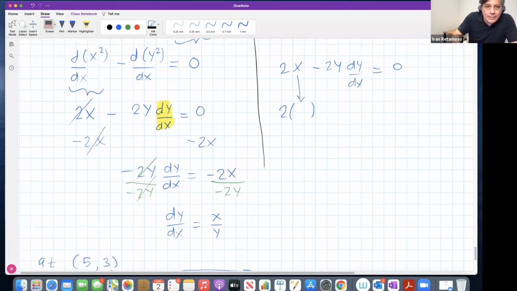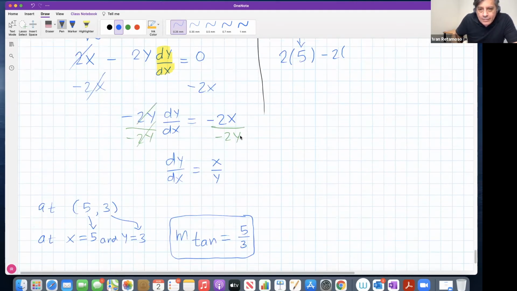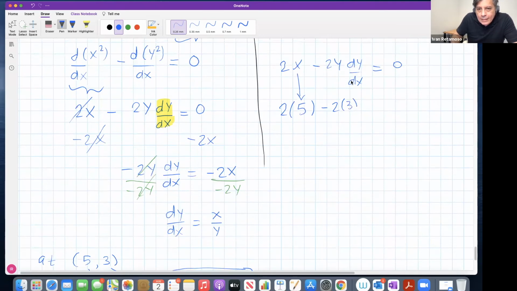So directly you substitute your x equals 5 and your y equals 3. And your slope dy/dx, you call it m. And then you just solve for m. So you forget about the general equation and you solve this for m.